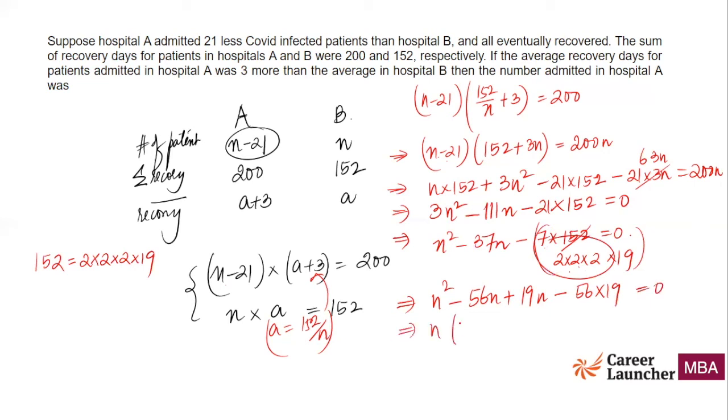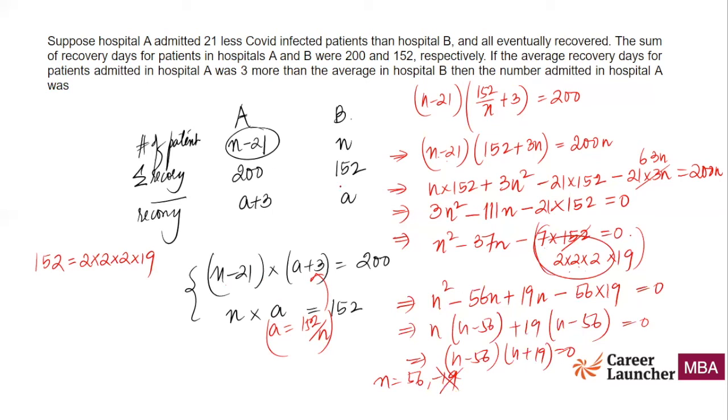So if you take out N, you will have N minus 56 plus 19, and you will have N minus 56. So you will have N minus 56 into N plus 19 is equal to 0. If you solve this, you will get N is equal to 56 or minus 19. Minus 19 you can't take because you can't have a negative number of patients, right? If N is 56, we have to figure out hospital A, right?